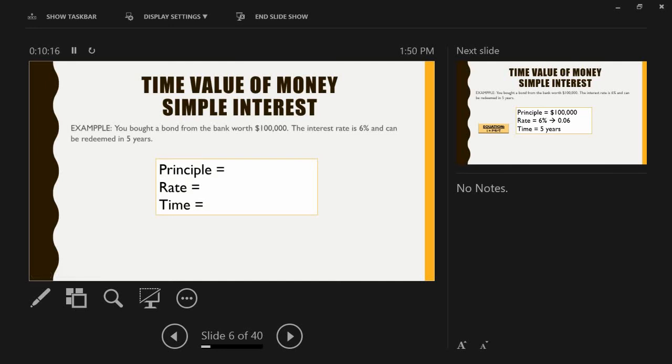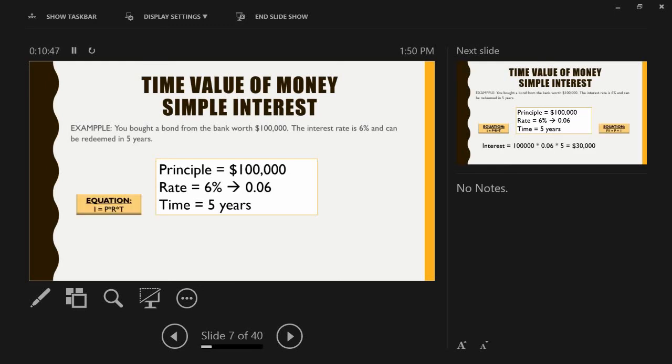So example number 1, you bought a bank bond. You bought a bond from a bank that is worth $100,000. The interest rate is 6% and can be redeemed in 5 years. Okay? So, what is your principal? 100,000.